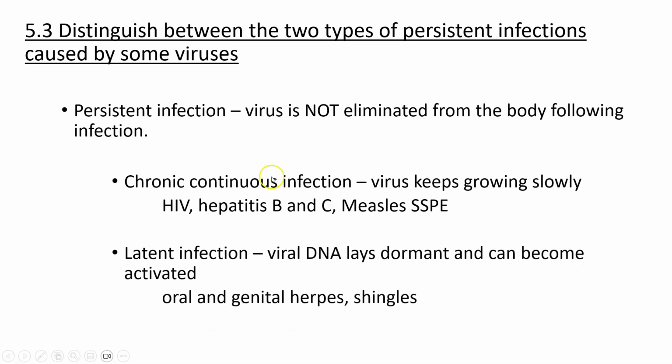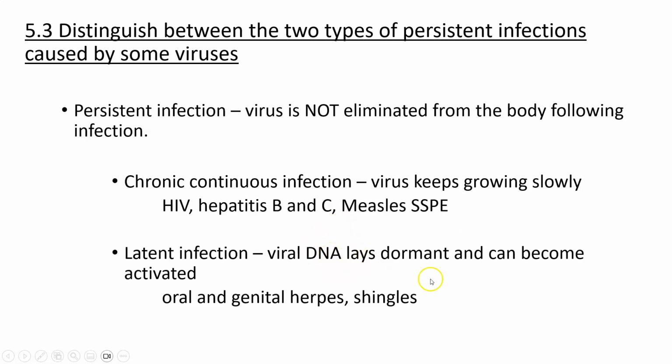Another kind of persistent infection that you might be a little more familiar with is called a latent infection. So remember, persistent infection just means one where the virus is not eliminated from the body. It can be chronic continuous, meaning the pathogen's continuing to grow over a long period of time. Or in the latent infection, the virus isn't growing anymore. It's just there. It's dormant. So you're not showing any signs or symptoms of illness while it's laying dormant.